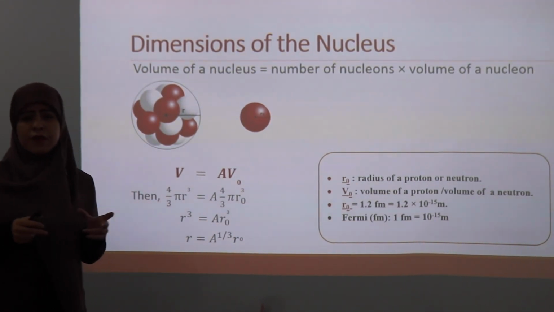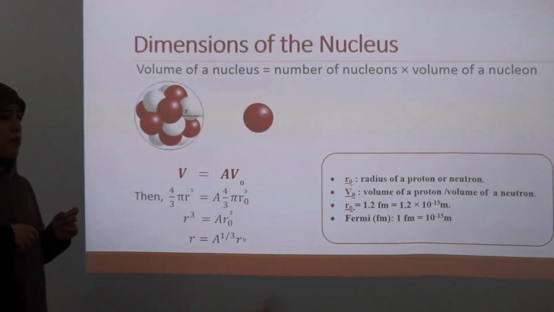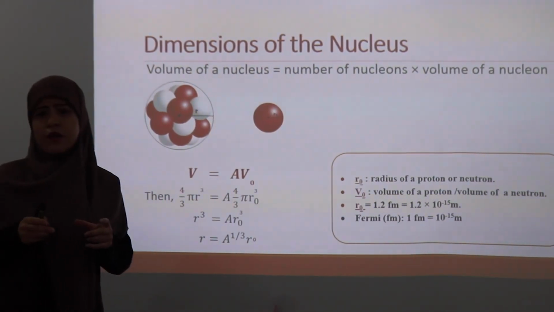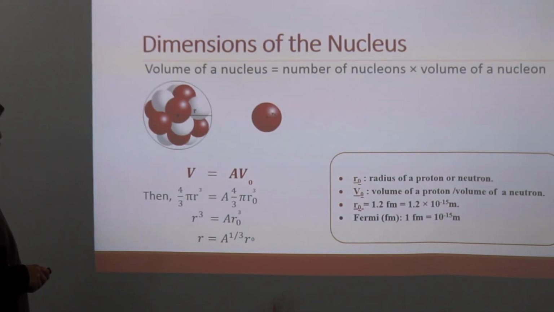So you must multiply the number of nucleons that form the nucleus times the volume of the nucleon. So the volume of the nucleus equals A, where A is the mass number of nucleons, times V0, where V0 is the volume of a proton or neutron.